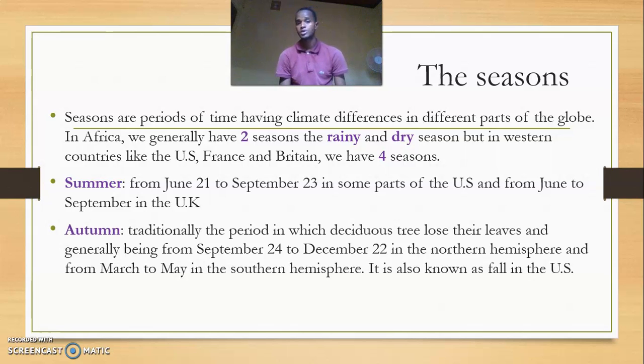Seasons are periods of time having climate differences in different parts of the globe or the planet. So probably you have a great idea about what the weather is or what a season is.